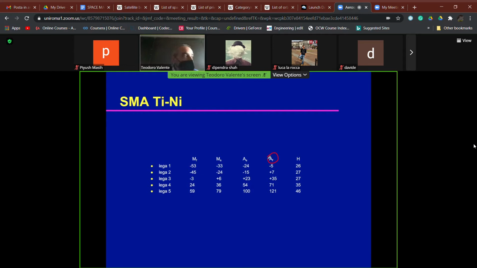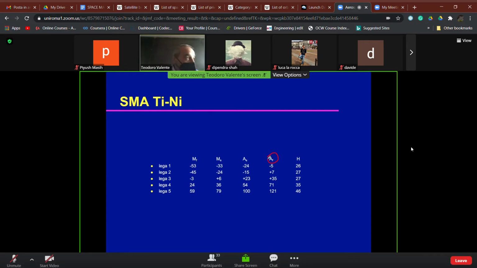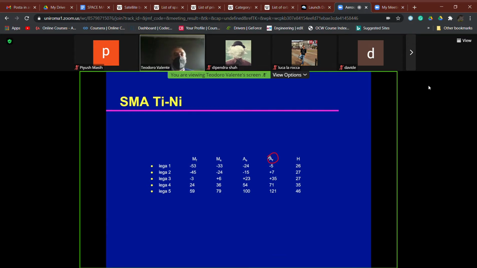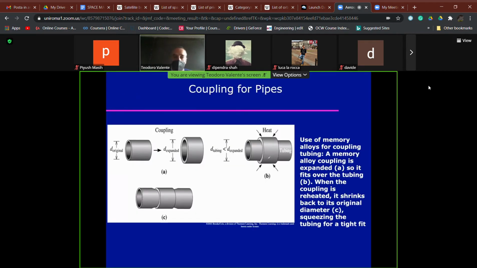They can also be some tens of degrees, not high temperatures like those we can meet inside a combustion chamber of aeronautical and aerospace engines. So they can be tailored according to the needs of the potential applications.